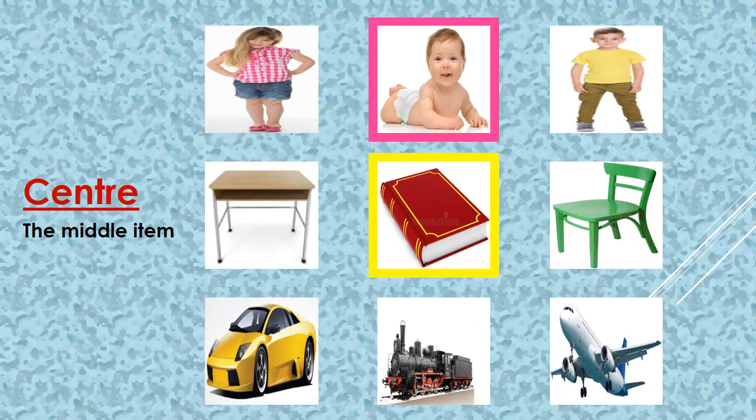Right, last one. There's a car, train and plane. The center picture is train. Got it? So the center means middle, the middle item.